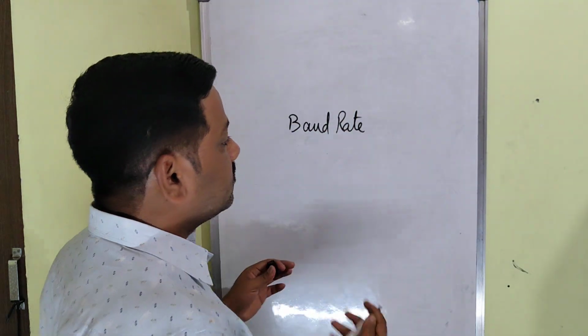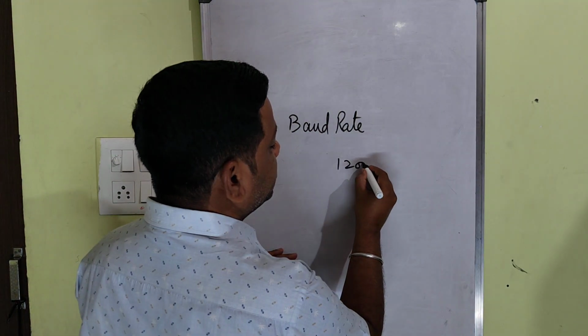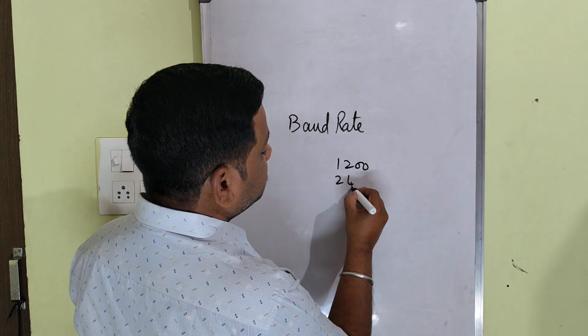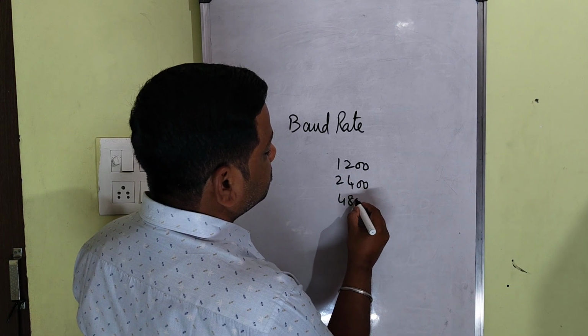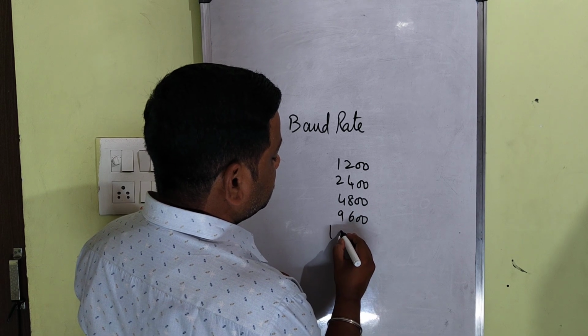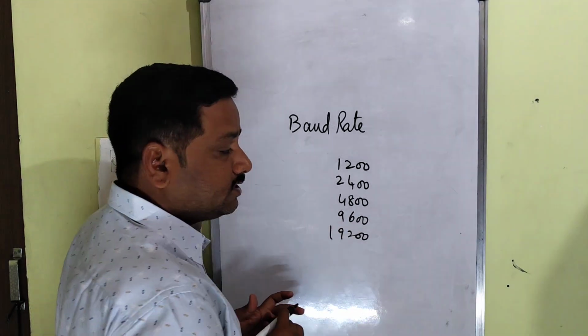We generally have baud rates starting from 1200, which means 1200 pulses will be transferred within a second. Next we have the double of it, 2400, then 4800, 9600, and 19200. These are the standard baud rates developed by IBM, and they are generally used around the world.